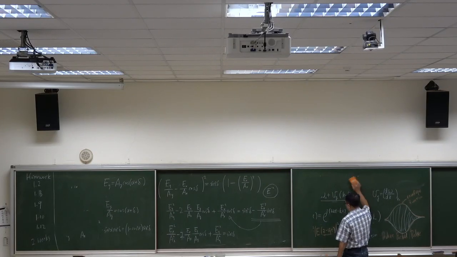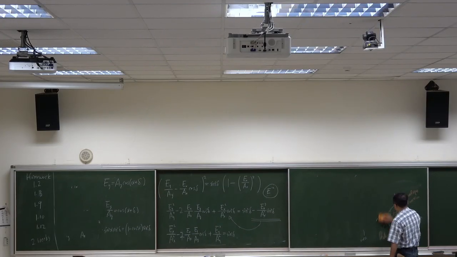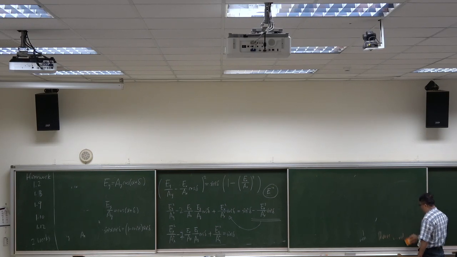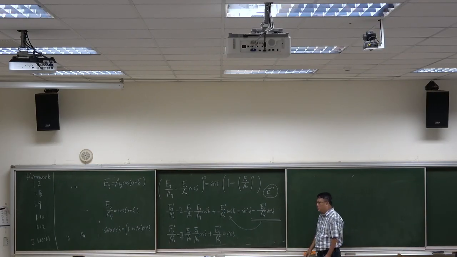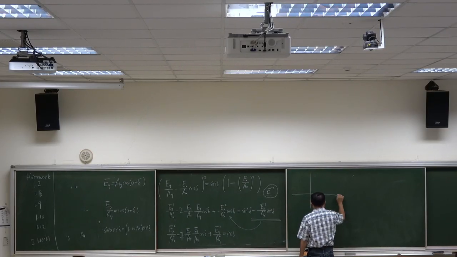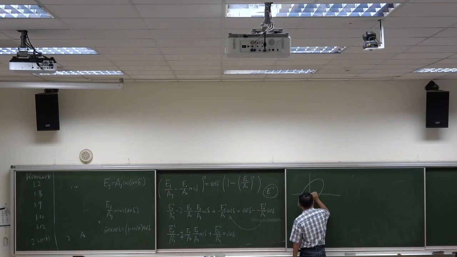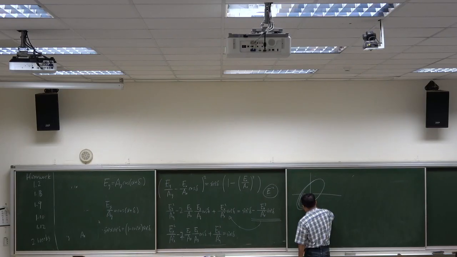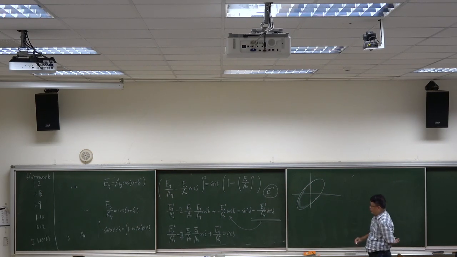Now our task is to find the major semi-axis and the minor semi-axis. 就是那个半长轴跟半短轴。然后第二件事就是我们想要知道这椭圆的长轴指向什么方向。So now we want to know three things about this trajectory.